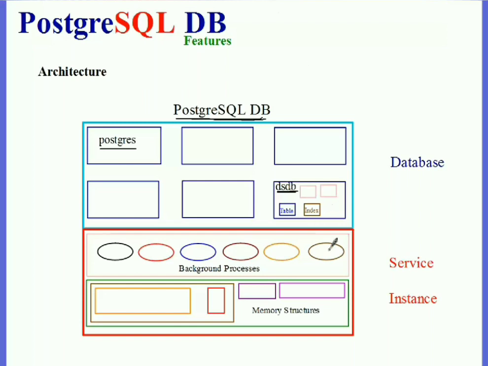But if you consider PostgreSQL DB, it is unique. Suppose assume that we have a database by name DSDB. We'll have two categories of objects. One is the catalog objects, in which metadata information will be stored. Which metadata? Metadata about the objects stored in the same database, it might be tables and indexes.